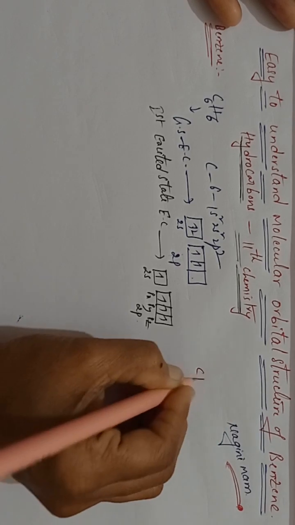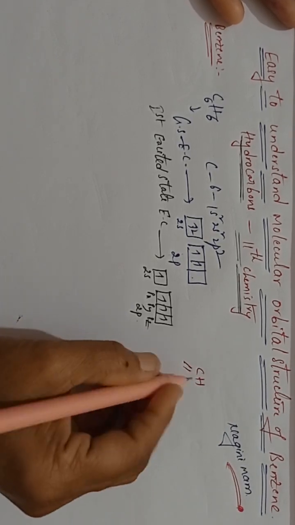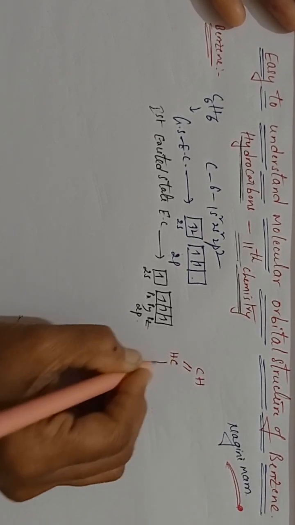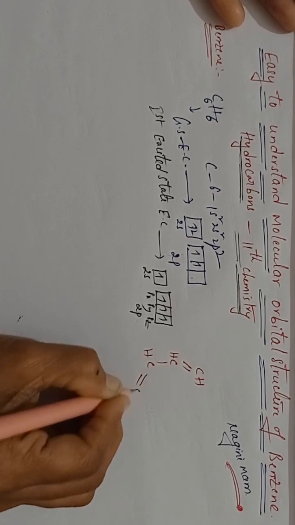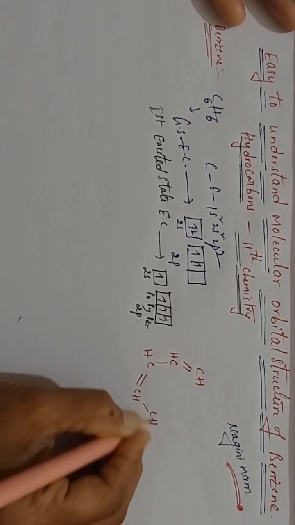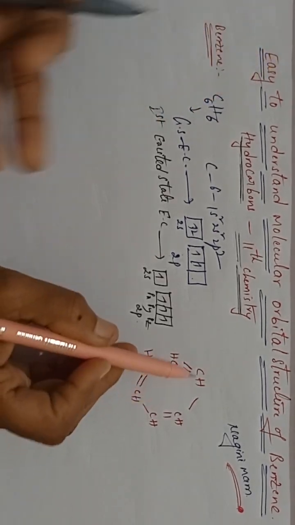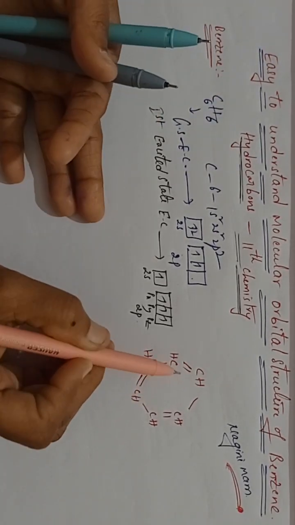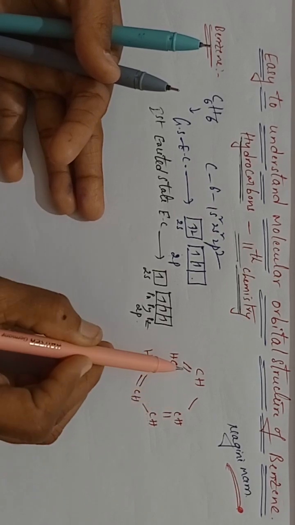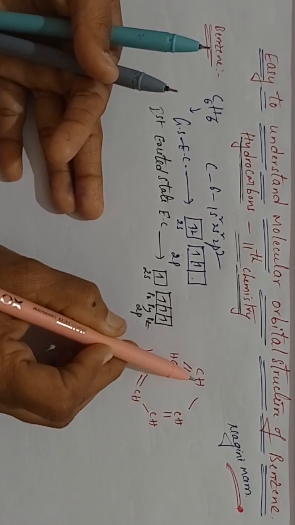Here, if you see the benzene structure, C6H6: CH double bond CH, single bond CH, double bond CH, single bond CH, double bond CH. This is the structure. So around each carbon, how many sigma bonds are there? Single bonds always represent sigma bonds only. In a double bond, 1 sigma and 1 pi. With hydrogen, 1 sigma.